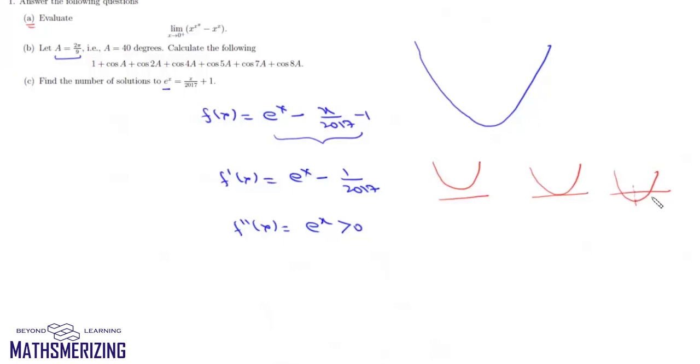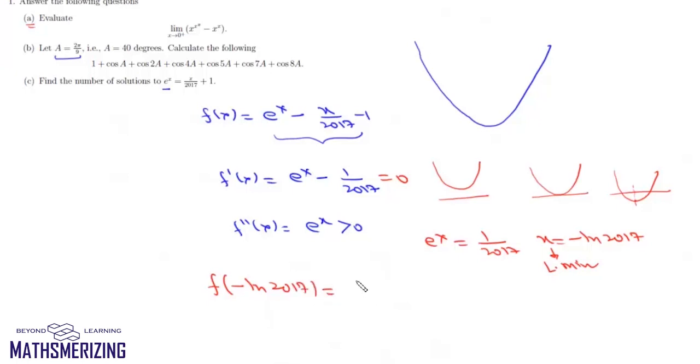So we know that f'(x) will be 0 at e^x equals 1/2017, that is when the value of x is −log 2017. Now since the second derivative is positive, we know that this point is a point of local minima. So we'll find the value of this function at −log 2017.